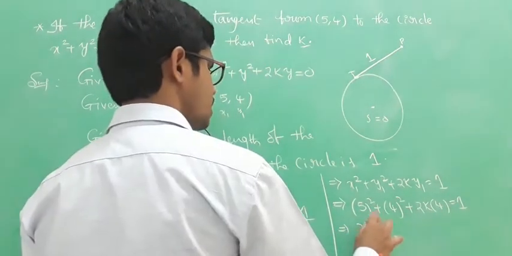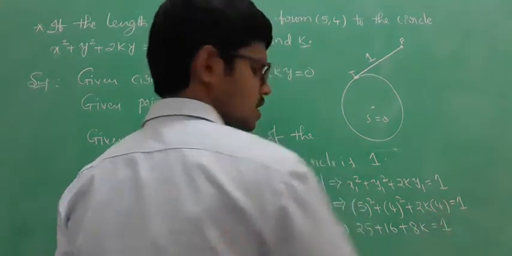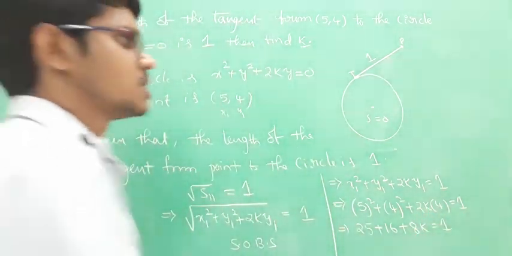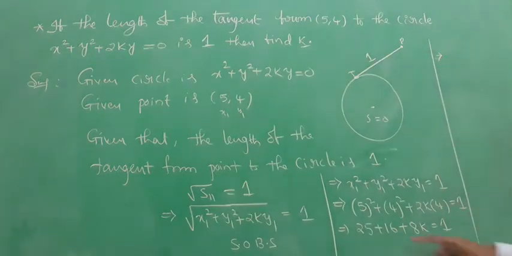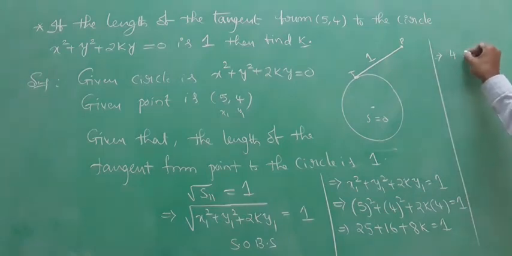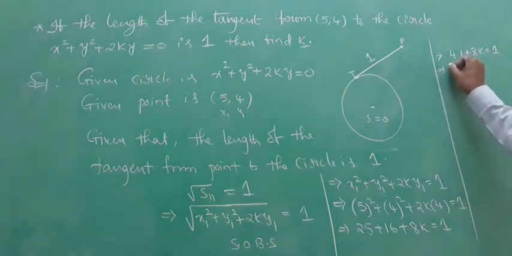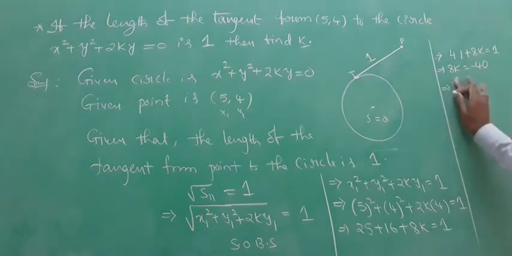So 25 plus 16 plus 8k is equal to 1. 25 plus 16 is 41, plus 8k is equal to 1. So 8k is equal to minus 40. So k is minus 40 by 8.